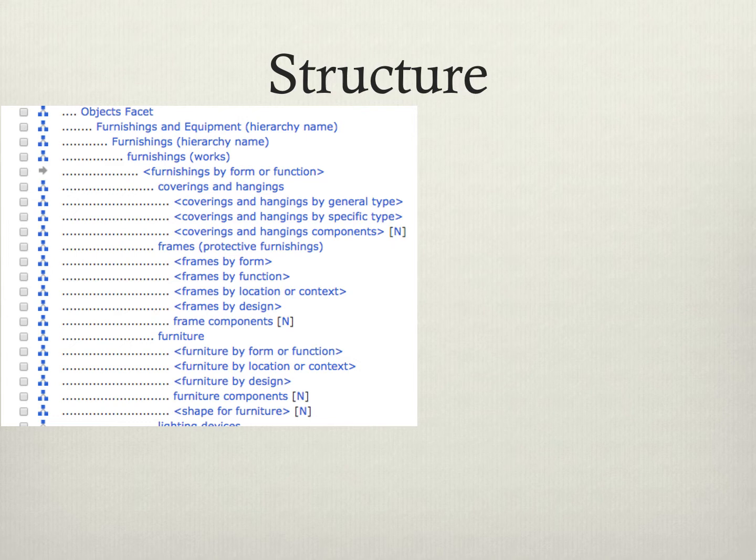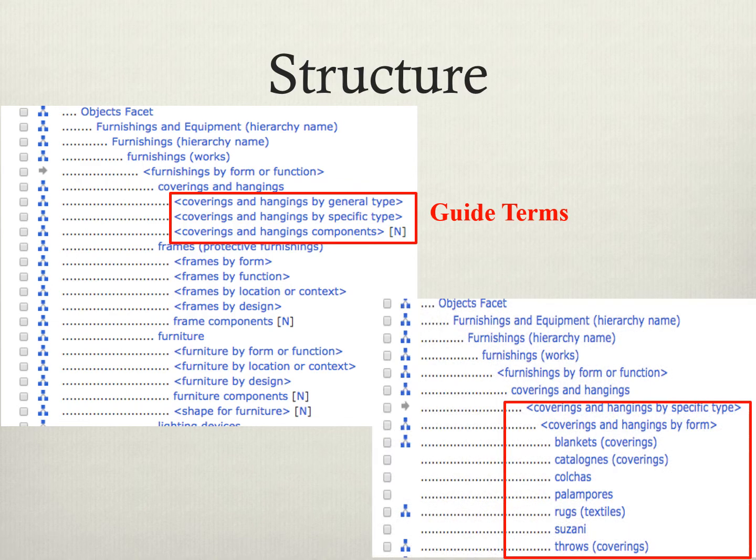You can see the upper level hierarchy there is the objects facet, and guide terms are shown in brackets, and they serve as placeholder records to organize and give structure to the hierarchy. And they have those little carets on either side of them, so those are not used as actual indexing or cataloging.